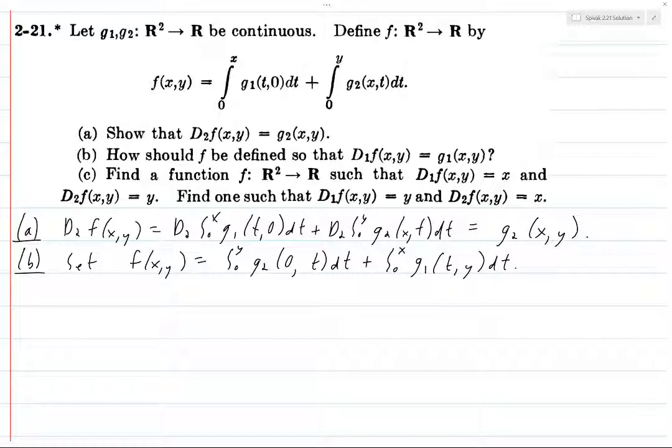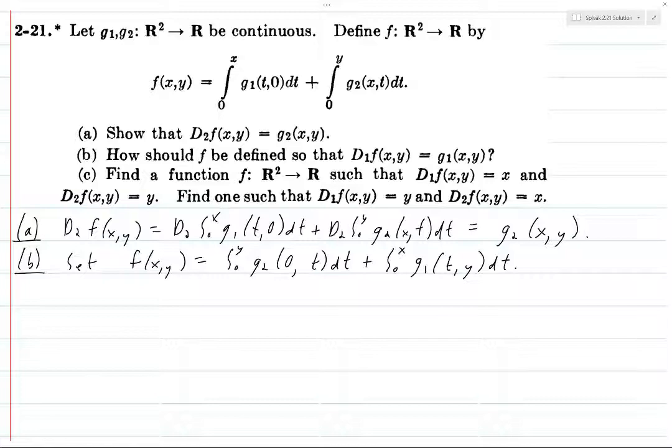And the weird thing is, how should f be defined so that this derivative holds? I don't know what question he's trying to ask, but I feel like it's not this one, because this question has multiple answers. See this integral from 0 to y of g2 of 0 comma t dt?